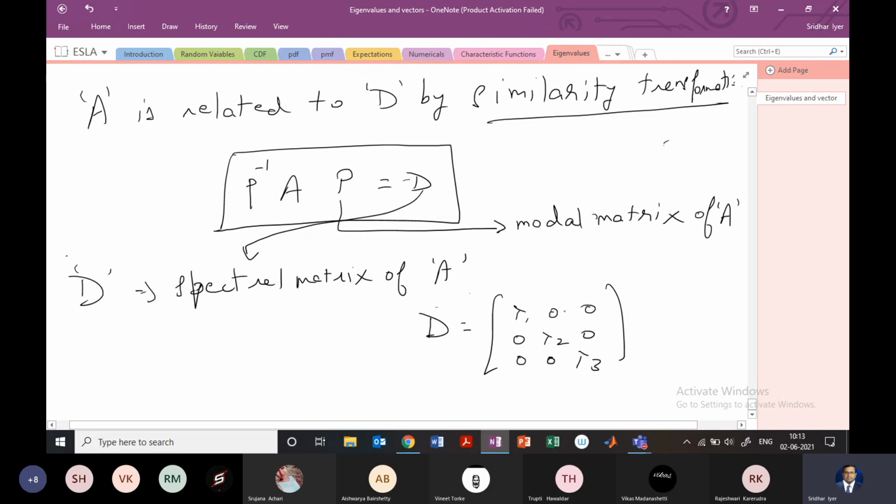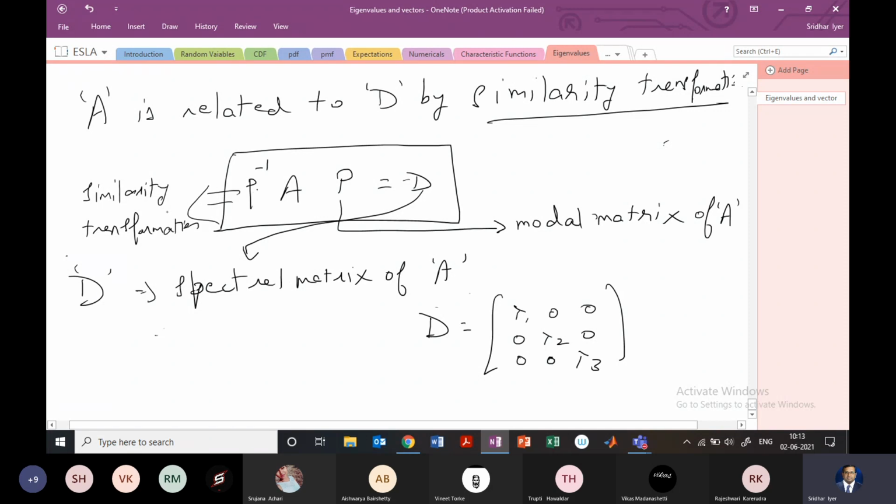So this transformation of matrix A into P inverse AP is known as the similarity transformation. I have already told you this before.